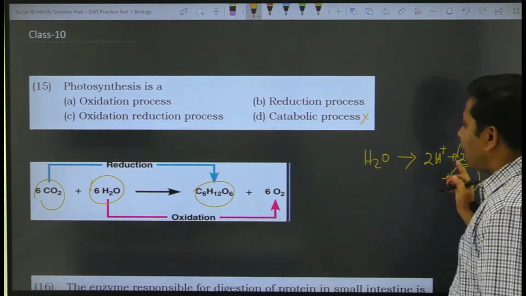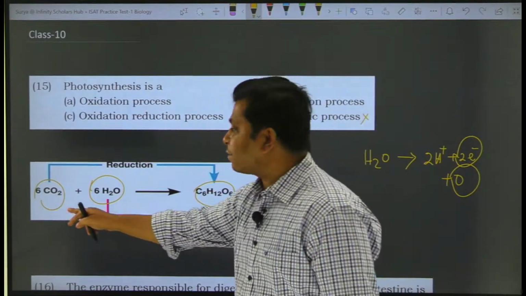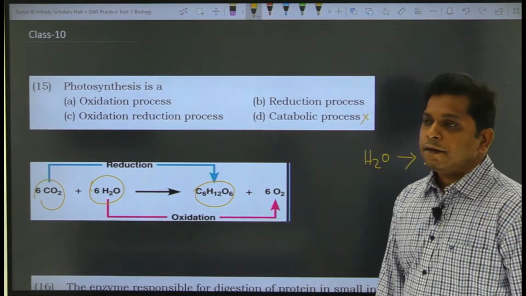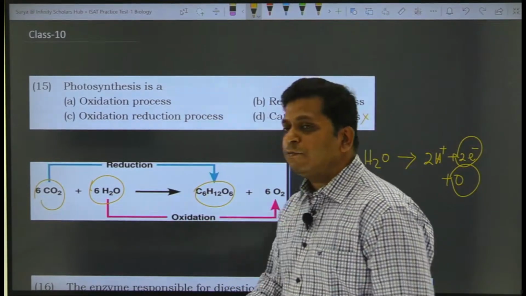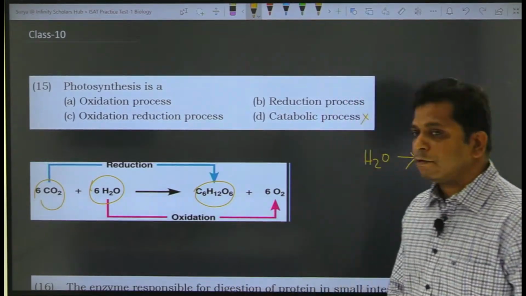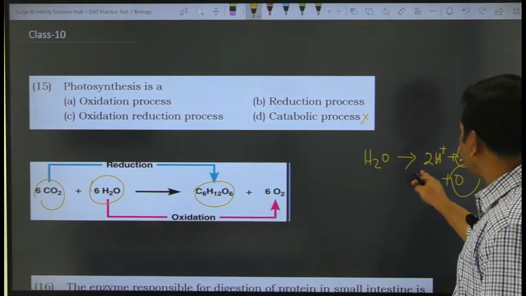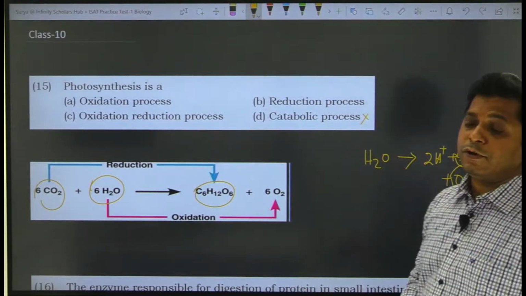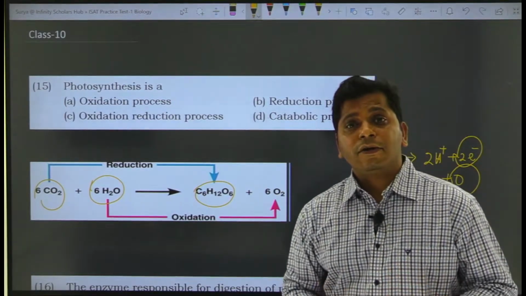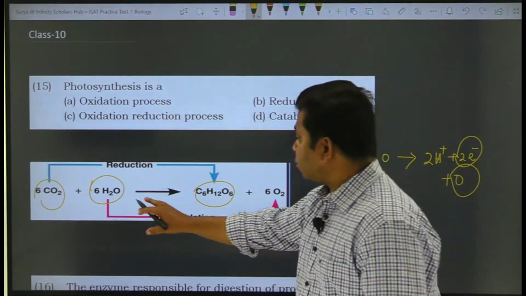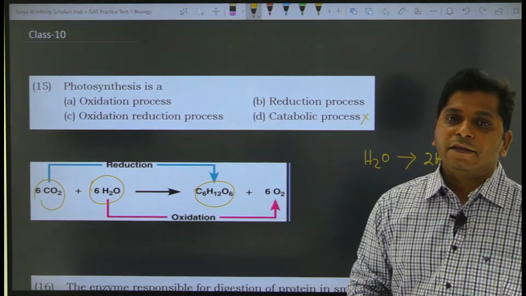And these electrons will be accepted again by carbon dioxide to produce the glucose molecule. So, that is a reduction step. And here it is an oxidation step because it is donating the electrons. Donation of electrons is called oxidation. So, both steps are happening in this pathway.